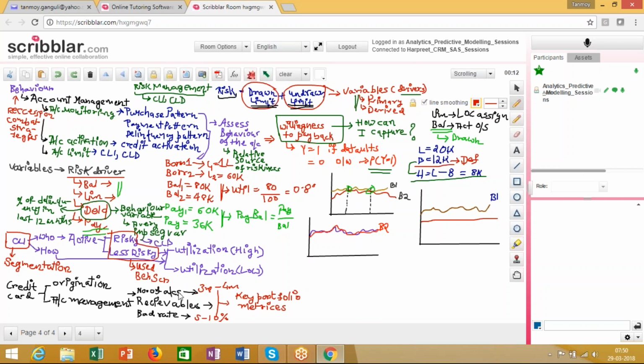See what the different products are that different banks have to offer, and then try to understand the pros and cons of these products, which gives you a better understanding of the credit product that banks are actually offering. This is one exercise which you can do.